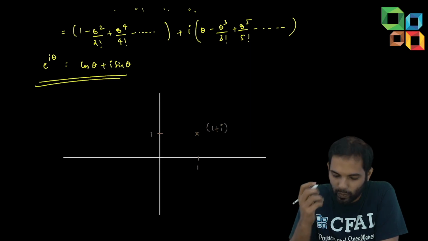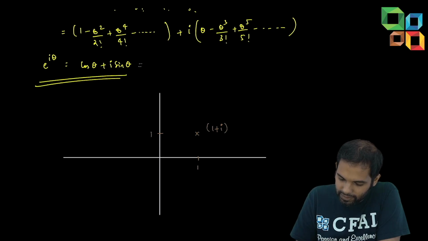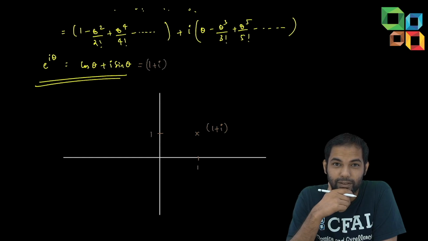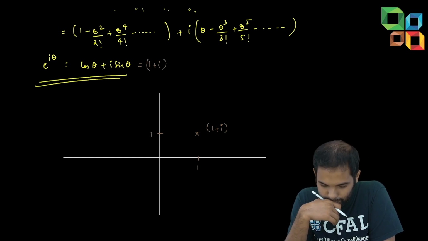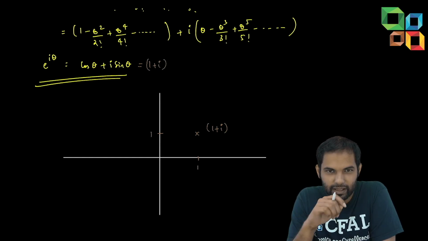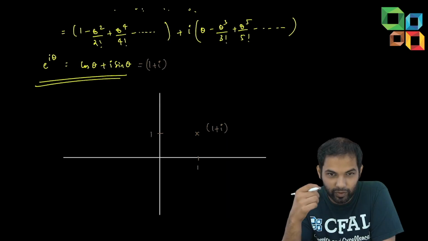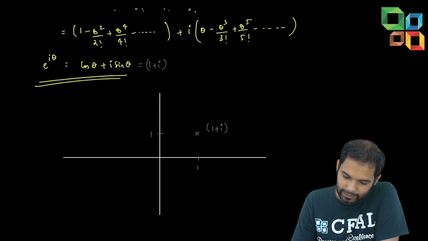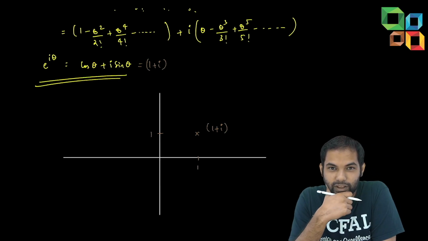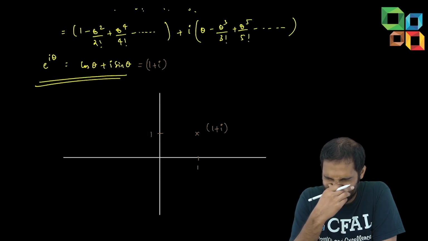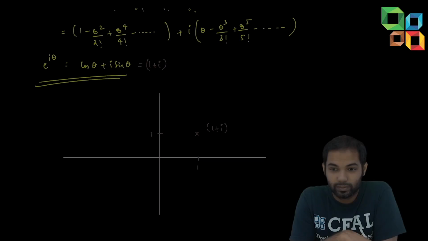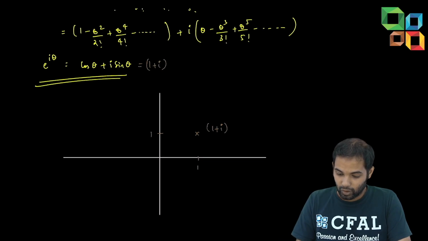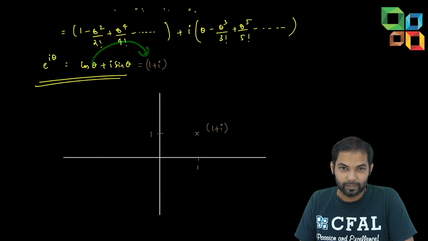Now can I write this 1 plus i in the form e power something? How to write e power something? That is the confusion. The first problem we face is that cos theta can never be greater than 1.